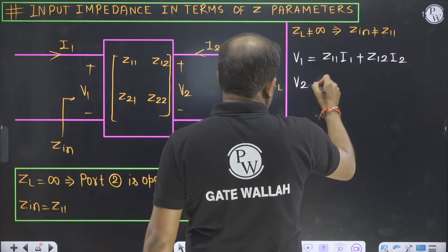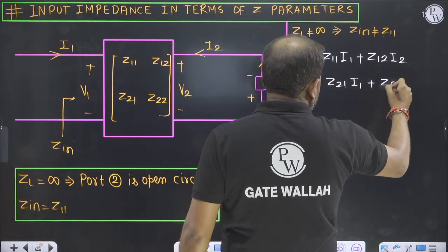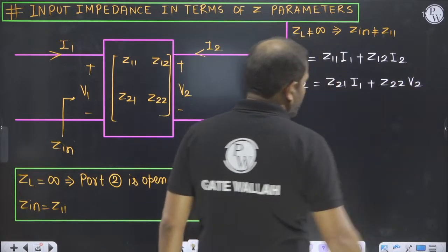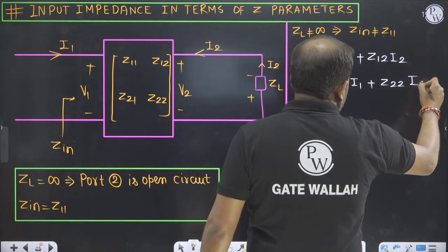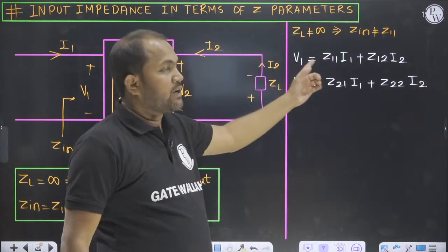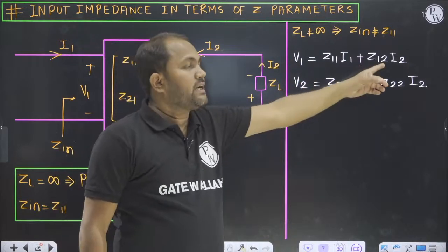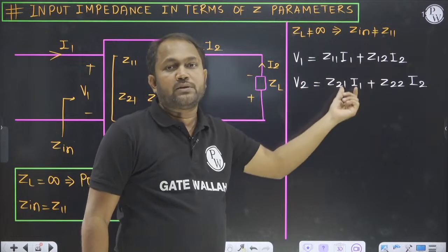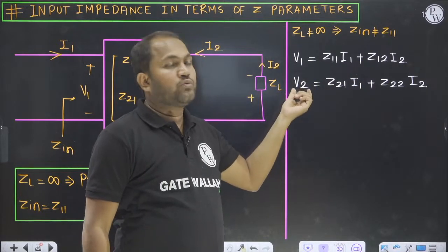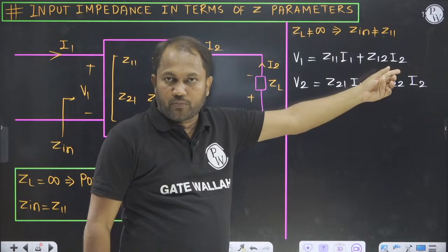The second one is V2 = Z21 I1 plus Z22 I2. Yes, sir. Then what will happen? For Zin, we are going to find out V1 by I1, but I2 will be stopping here. So I have to find out I2 in terms of I1. Here V2 will be stopping here. V1 by I1, I2 will be stopping here.